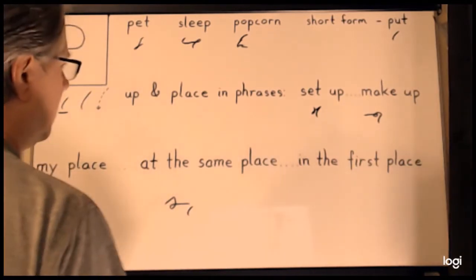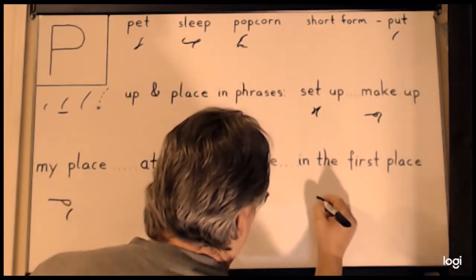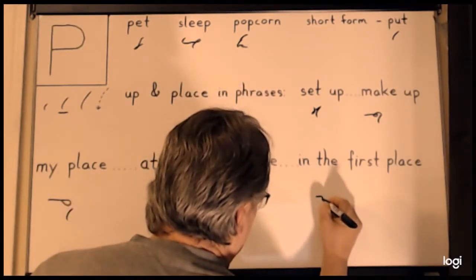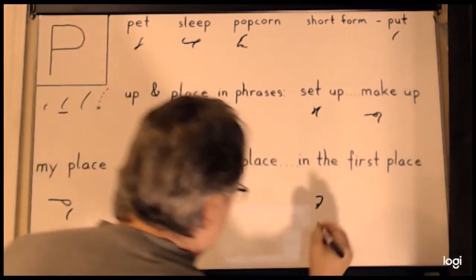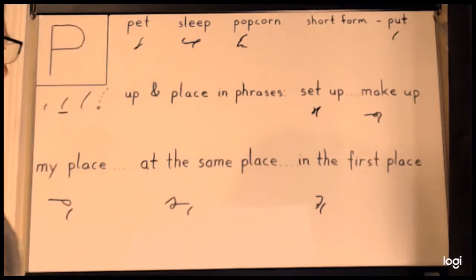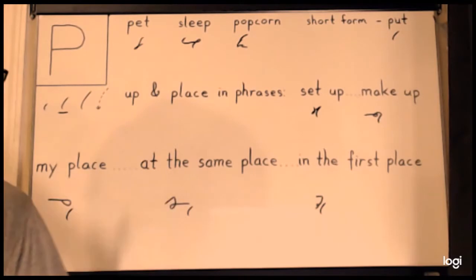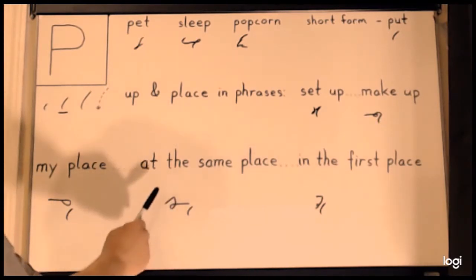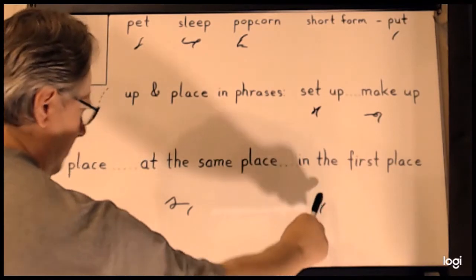And lastly, in the first place will be the word in, then the word first, which is FIS, and then place, which is represented by the disjoined P. Now, if you noticed on these last two, the word the is understood. So, at the same place and in the first place.